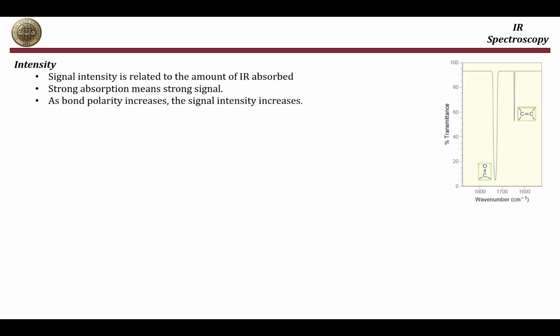As you can see here, in this part of an IR spectrum, we are comparing the signal intensity of a carbonyl group versus a carbon-carbon double bond.